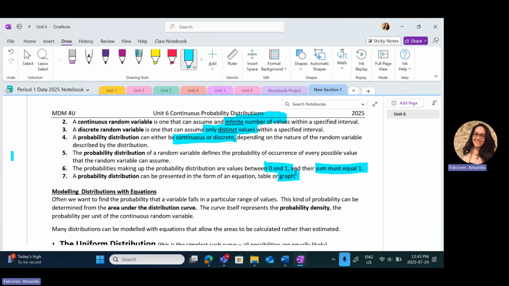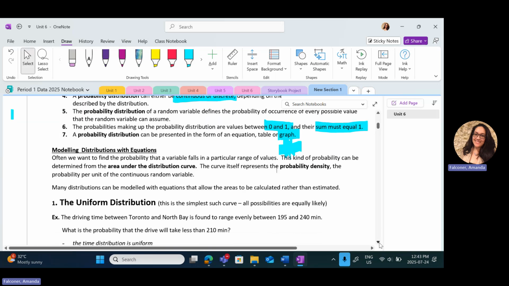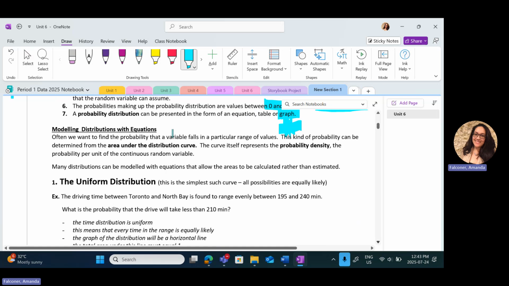So last unit, in unit 5, mostly we used equations. We sometimes organized them into tables, these probability distributions. But for this unit, it's going to be all about the graph. And that's even starting with this first lesson on uniform distribution. So let's get into that.